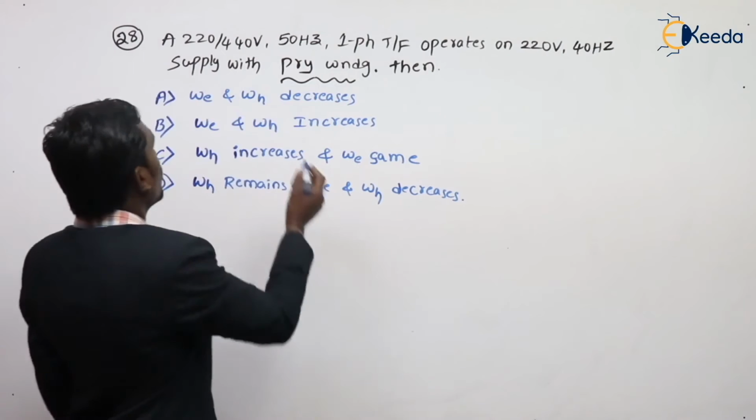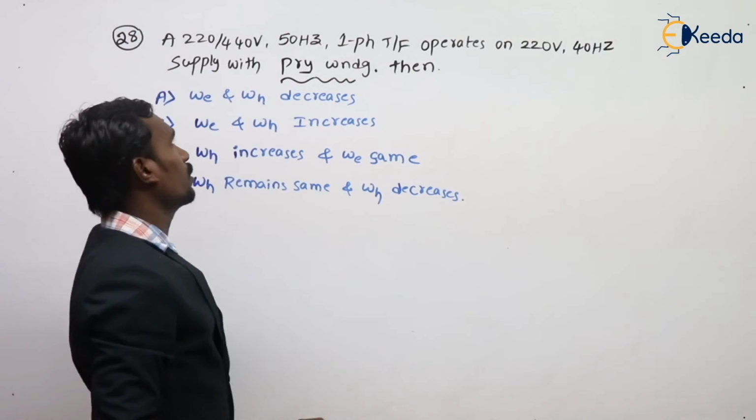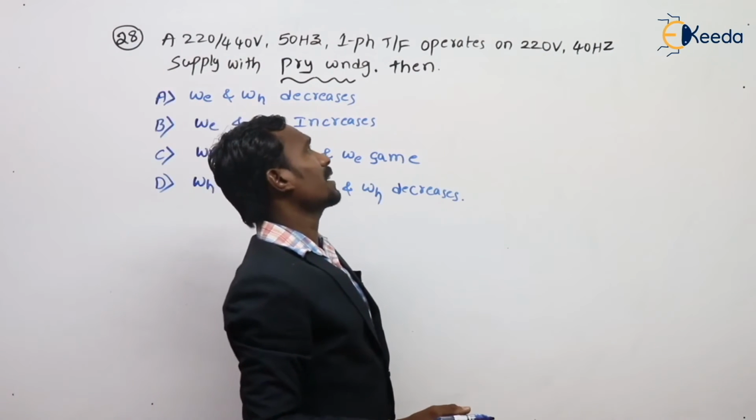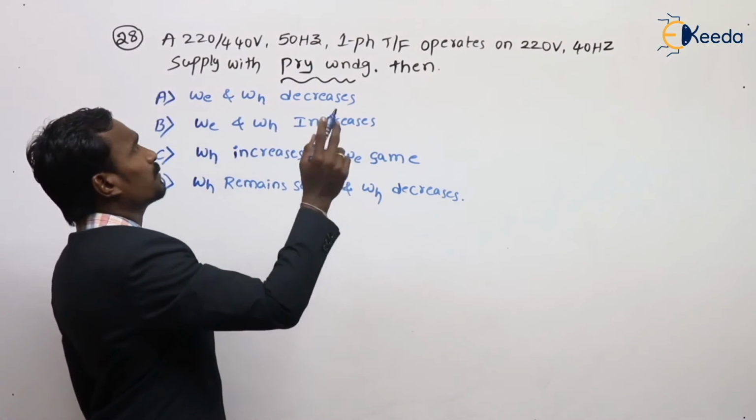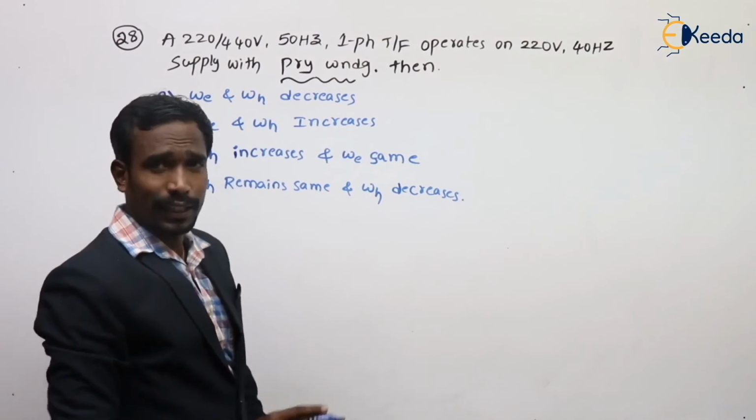Let's see. A 220 by 440 volts, 50 Hz, single phase transformer operates on 220 volts 40 Hz supply with primary winding.